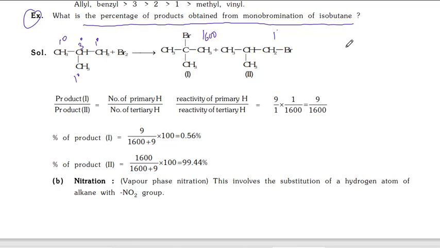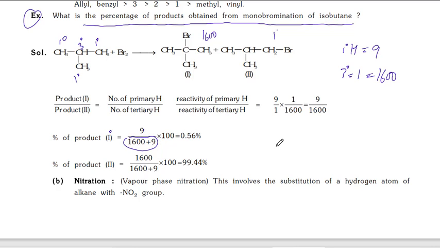Total primary hydrogens are 9. Tertiary hydrogens are 1, that means 1600, and this is the 9. Then the percentage, if you want to know the percentage of primary, 9 upon 1600 plus 9 into 100.